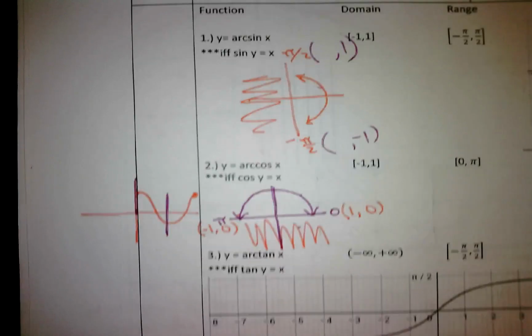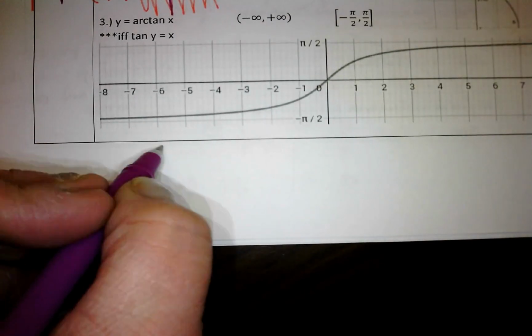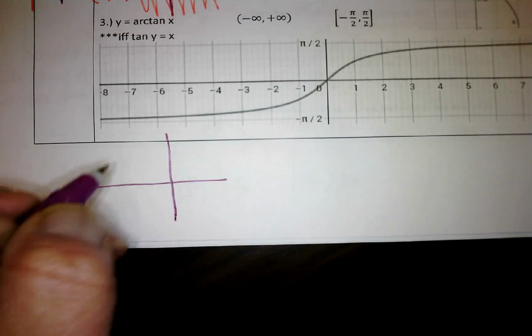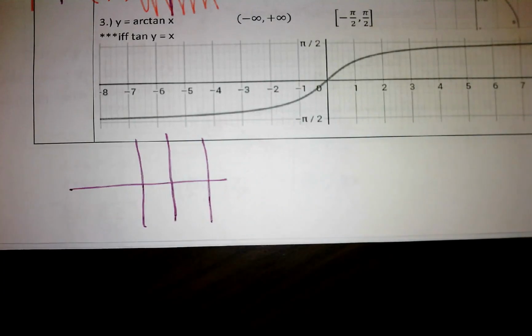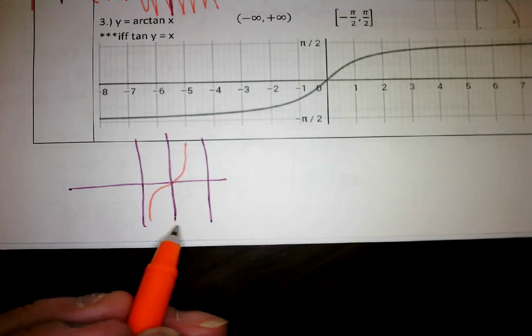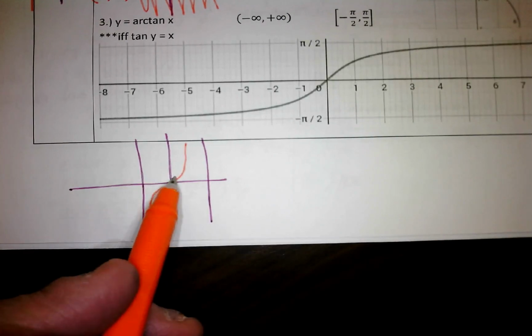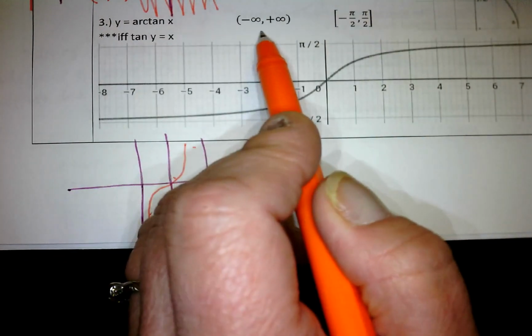And then take a look at tangent as well. Our basic tangent graph starts at negative pi over 2, goes to pi over 2, and goes up this way. If we take the inverse of that, our domain and range are going to flip. Here our range was negative infinity to infinity, so our new domain is negative infinity to infinity.